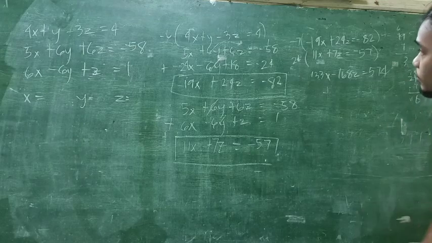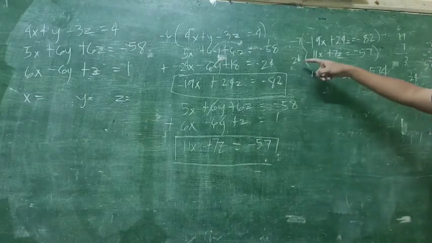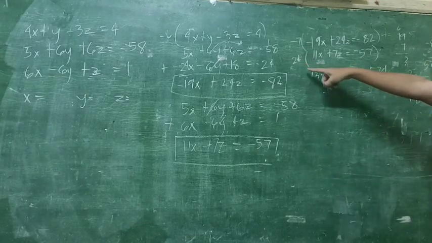For our second equation, we just have to multiply by 24.